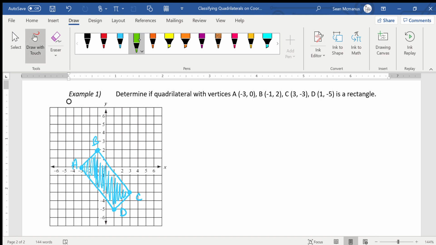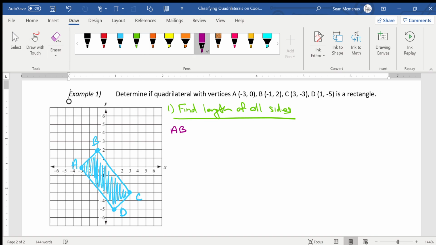We know that the first thing we need to do is find the length of all sides. So we're going to go ahead and do that. So AB, let's do side AB. That goes up 2 and over 2.